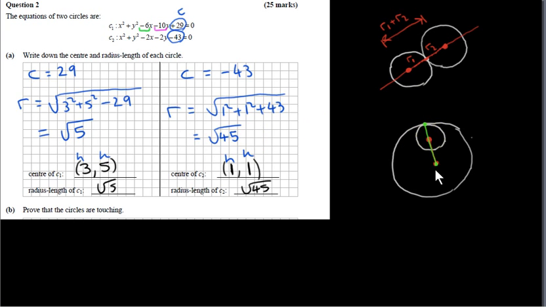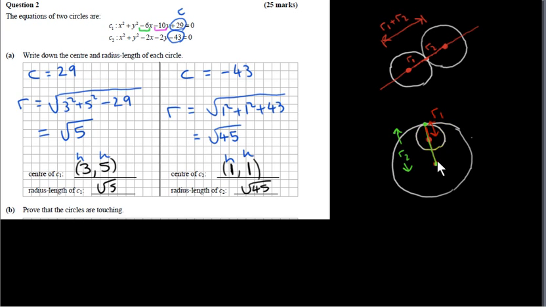The green line is the radius of the larger circle, which I will call R2. I'll write that in green. And the radius of the smaller circle is this distance here, which I will call R1. So R2 is the distance from the center of the larger circle to the point of intersection of the two circles, and R1 is just this smaller distance here. It's the radius of the smaller circle.